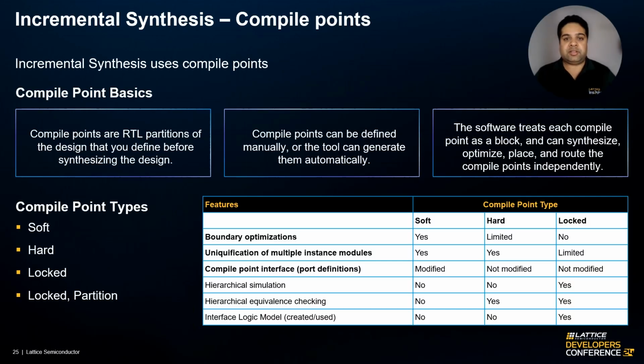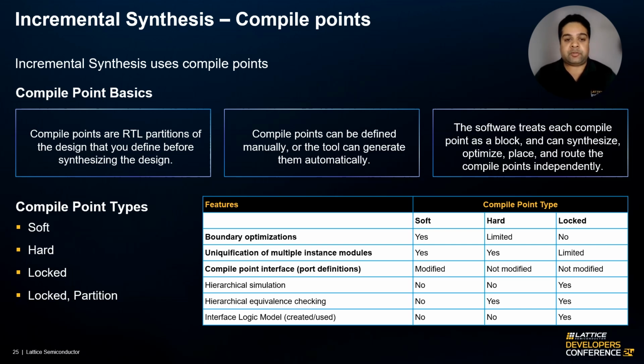The incremental design flow works for synthesis and implementation processes. During synthesis, incremental synthesis uses compile points. These compile points are RTL partitions that can be user-defined or automatically generated by the synthesis tools. The synthesis tools then treat each compile point as a block and thus can synthesize, optimize, place and route the compile points independently.